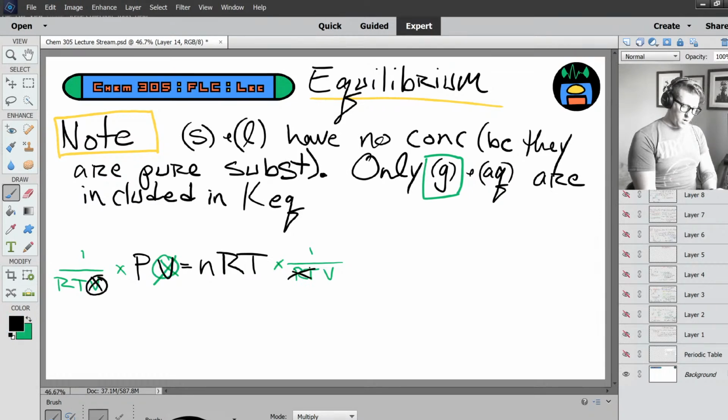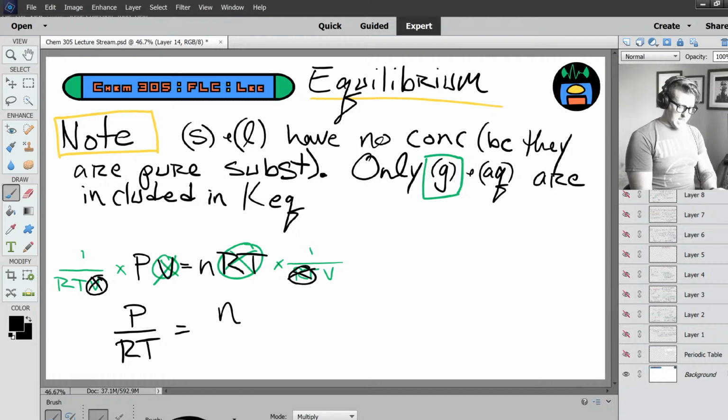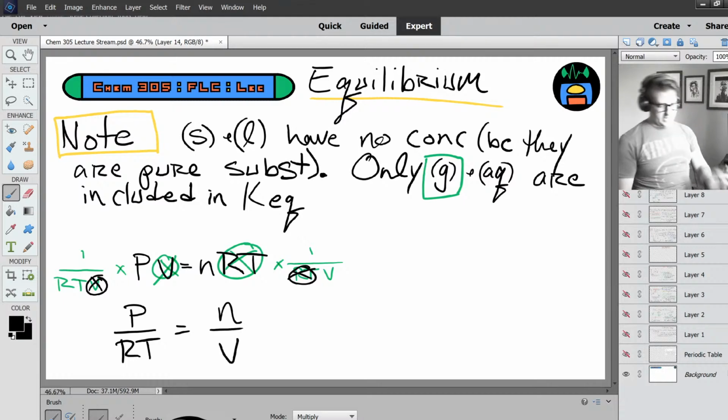And on this side, RT cancels. What do we have left over? We have P over RT equals n over V.